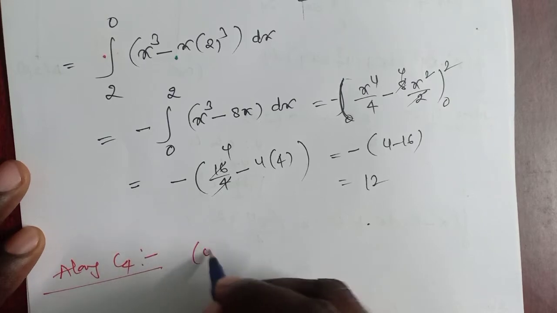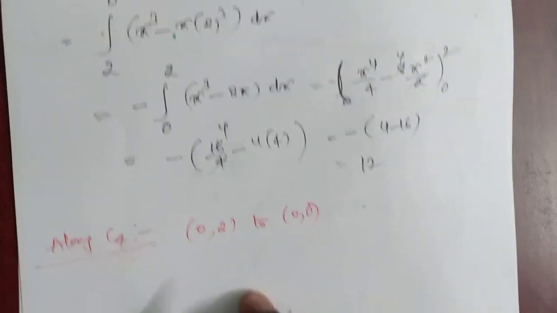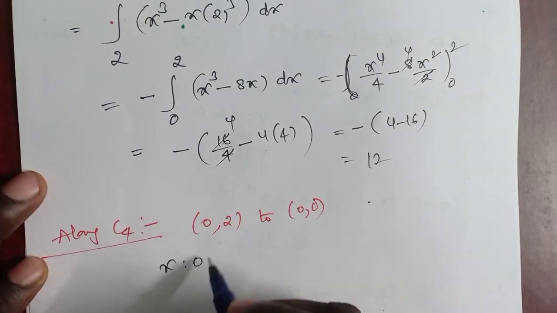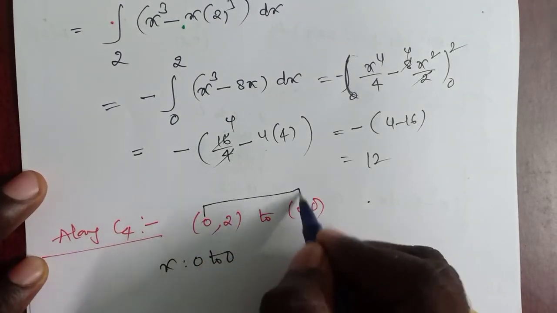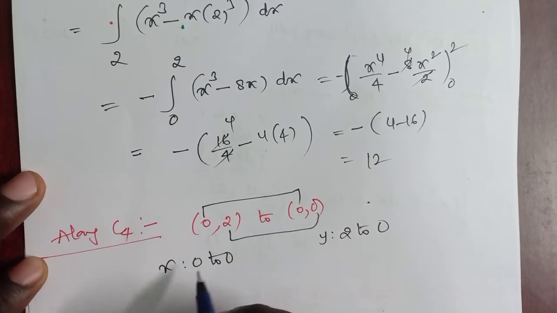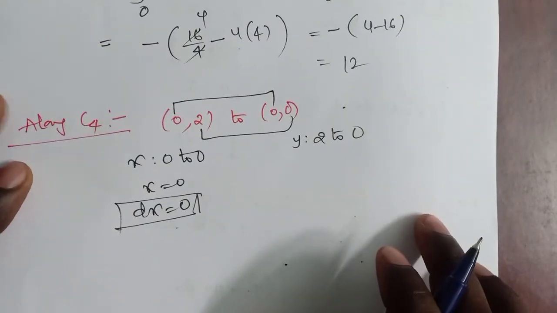So along C4 it is from 0 to 2 to 0 to 0. Clearly there is no change in x, so x ranges from 0 to 0 and y ranges from 2 to 0. So no change in x, since dx is equal to 0. Why?